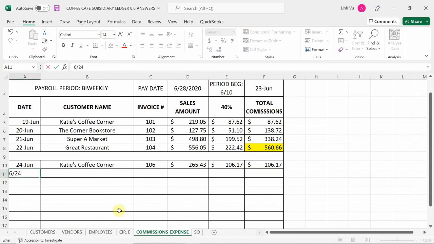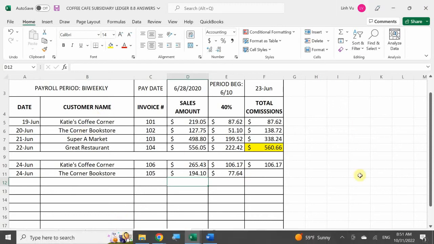For the corner bookstore, for $194.10, what is 40% of that? $77.64.